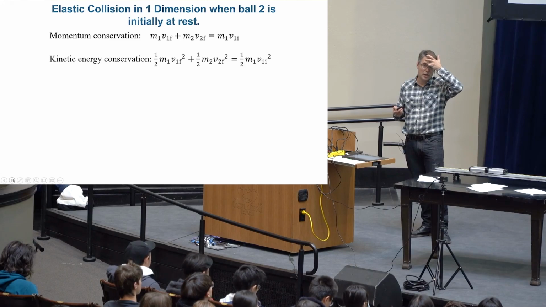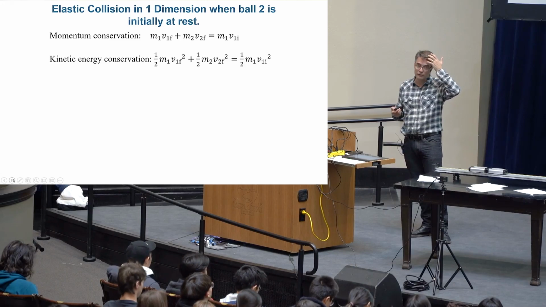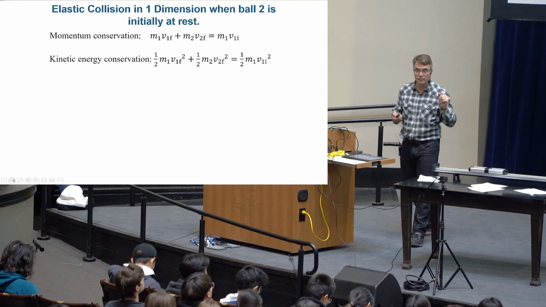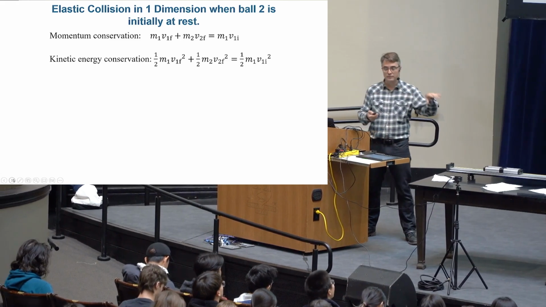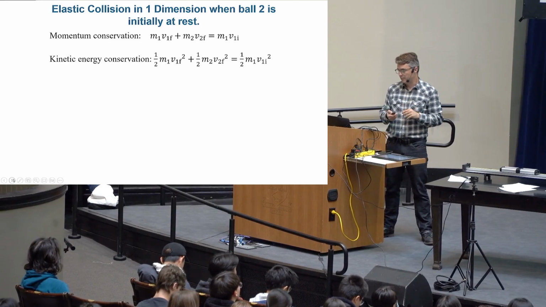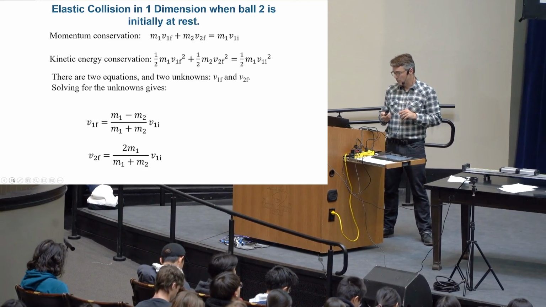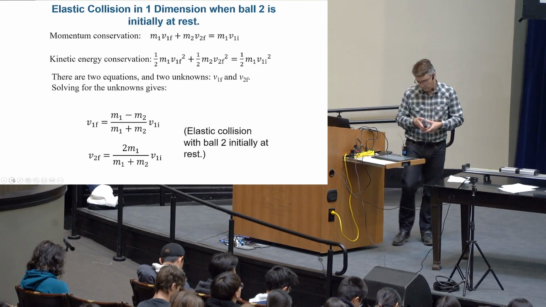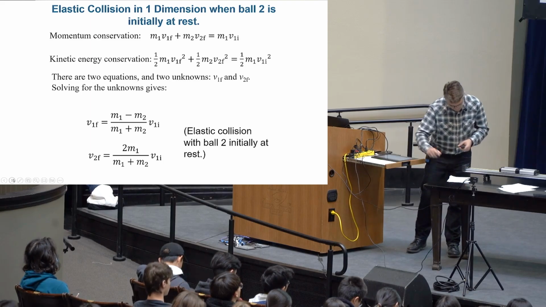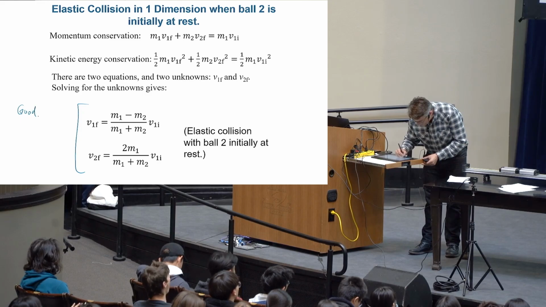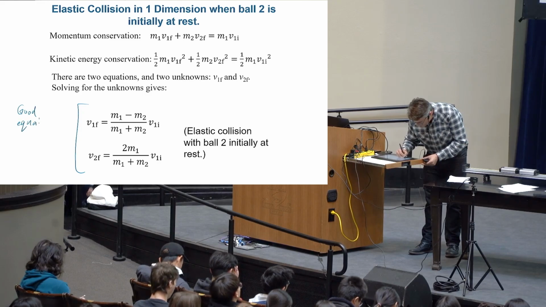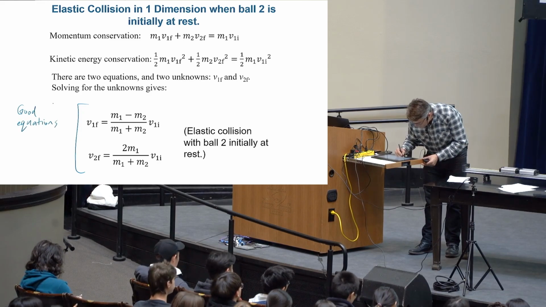Those are your two equations, and your two unknowns are the two velocities of the two different balls. You're assuming all of this is head-on, meaning it's all in one dimension, so it doesn't ricochet off like in pool. And this is the answer. I'll post this, but they're good equations to have on an aid sheet, because they're a little hard to derive.